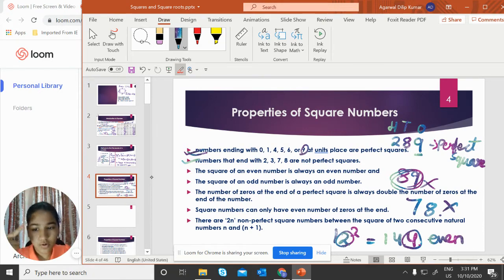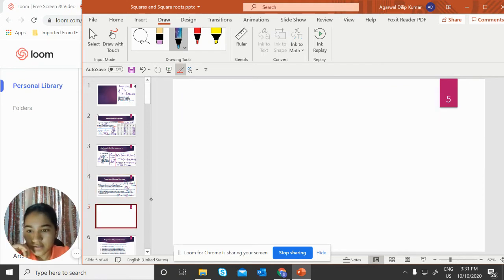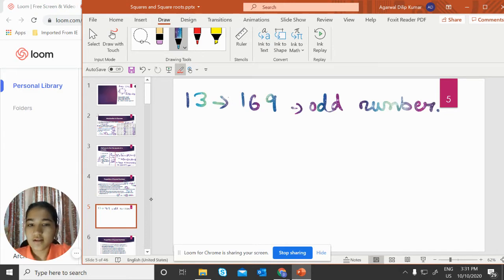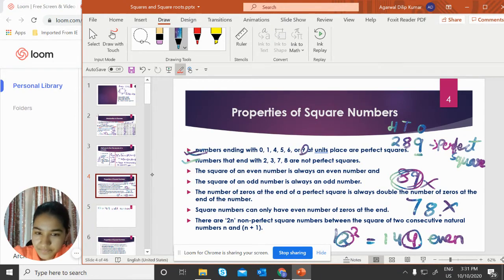For an odd number, I will take 13. What's the square of it? 169. Is it an odd number? Yes. So the square of an even number is even and the square of an odd number is odd.